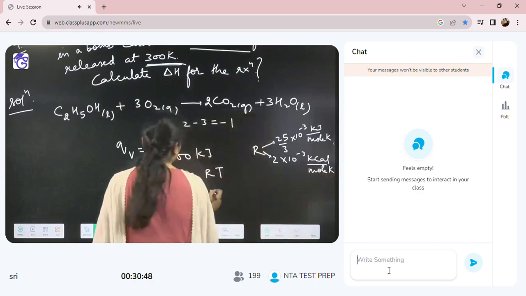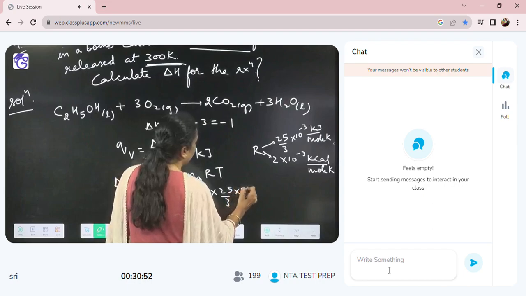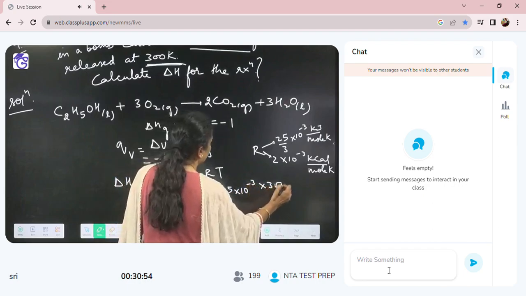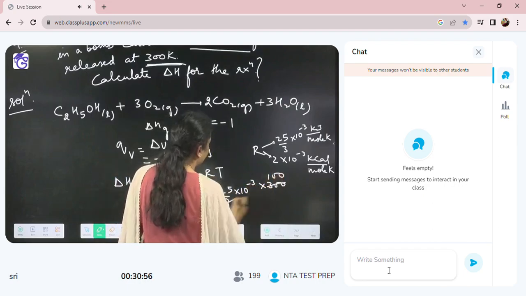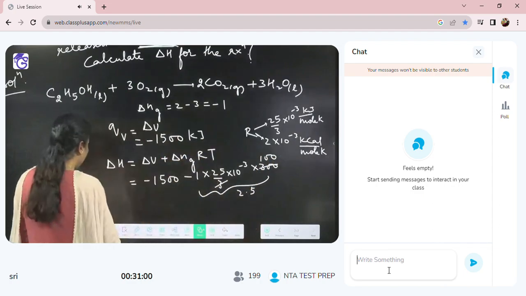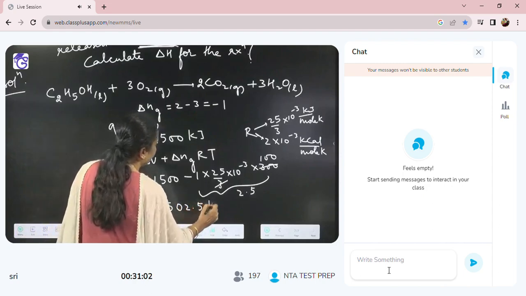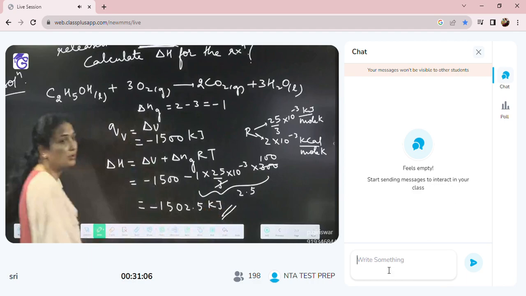Right? So here I'll be taking in kilojoule, that means 25 by 3 into 10 to the power of minus 3. This is 300. So this entire thing will be 2.5. So ultimately I'll be left with minus 1502.5 kilojoule. That is your final answer.